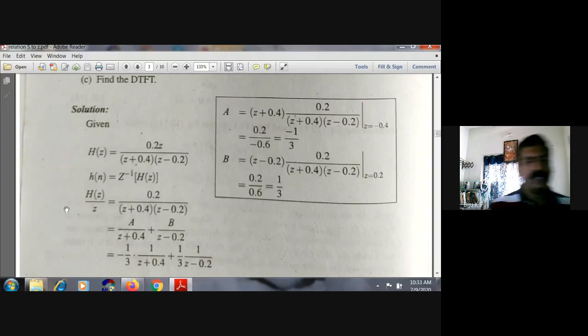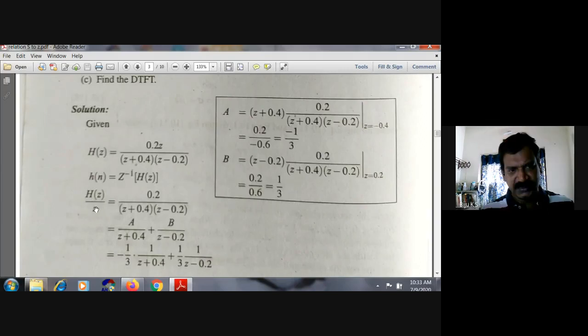Why we take this is because in the standard conversion from Z domain to inverse Z transform, the Z transforms of basic standard signals all have z by something. So that is why we take H(z) by z, so that after taking the inverse transform, we multiply by that z.